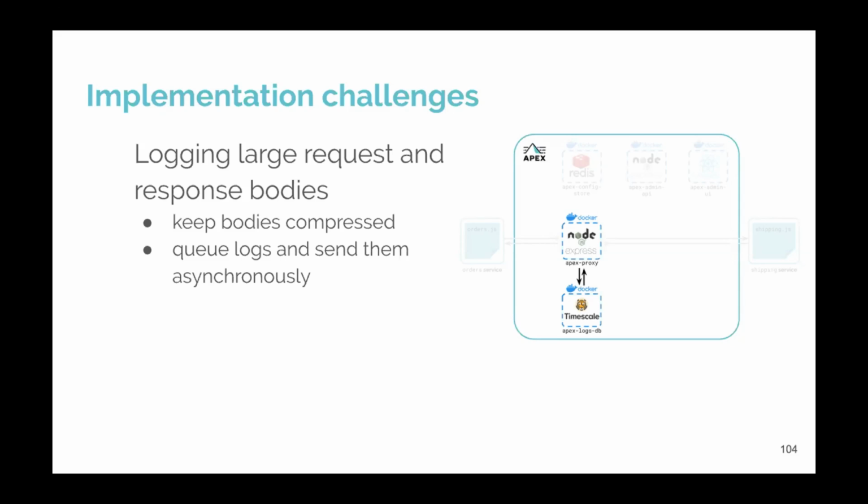So one solution we chose was to keep the body compressed. If a body came to the Apex proxy in a compressed format, we would just send it over to the logs database in that compressed form, recognizing and accepting the trade-off that if a user needs to look at the logs, the user might have to decompress that log information, the body, to make it human readable.